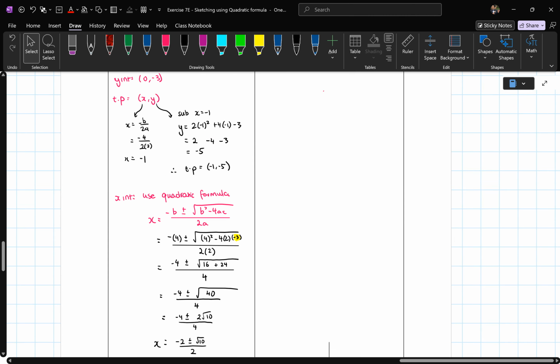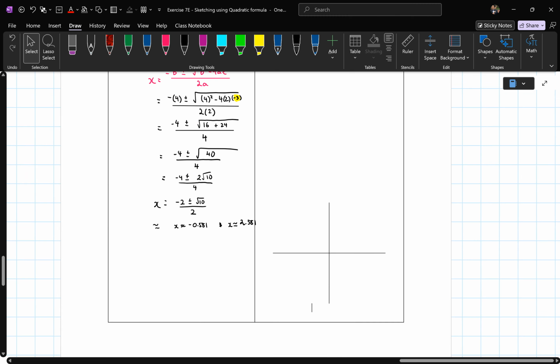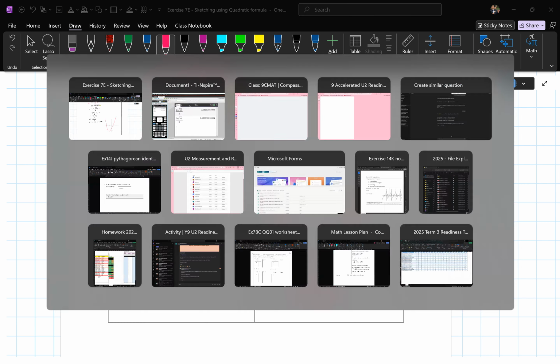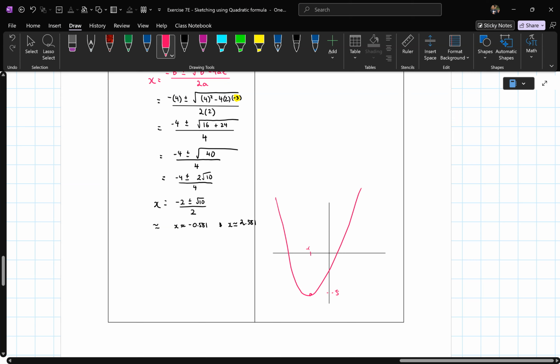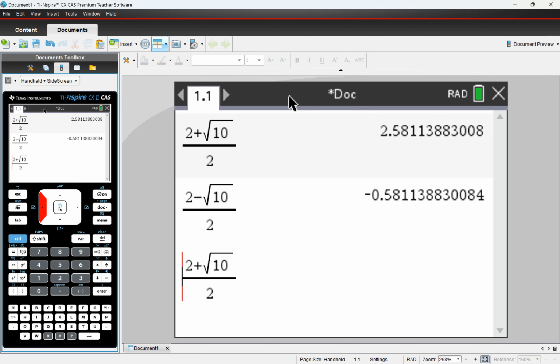Wait, something's off. -1, -5. So -1, -5. How is it possible? No, something's off. What did I do wrong? Oh, it's negative 2. Negative 2.